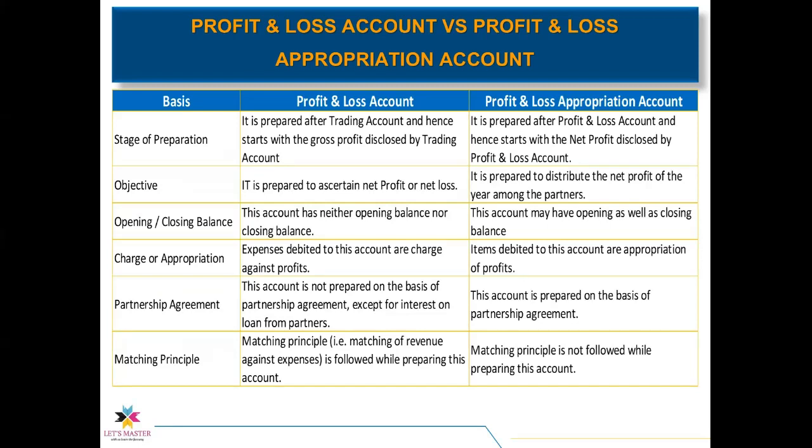Whereas the profit and loss appropriation account is prepared after the profit and loss account, and hence it starts with the net profit or net loss disclosed by the profit and loss account. Objective. The objective of the profit and loss account is to ascertain the net profit or net loss earned by the business during the accounting period.